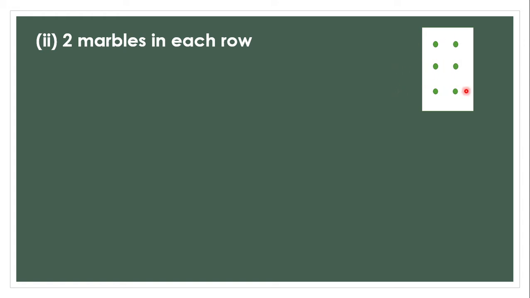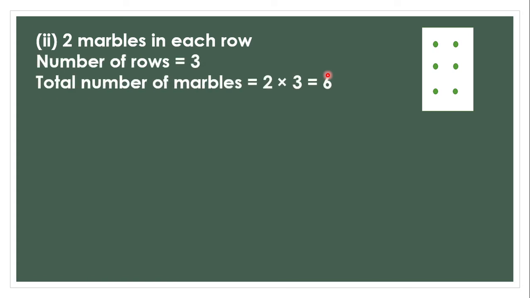In the third row, 2 marbles are there. And how many columns are there? 2. Now, the number of rows is 3. So the number of columns is 2, no? So 2 into the number of rows, 3, that is equal to 6.